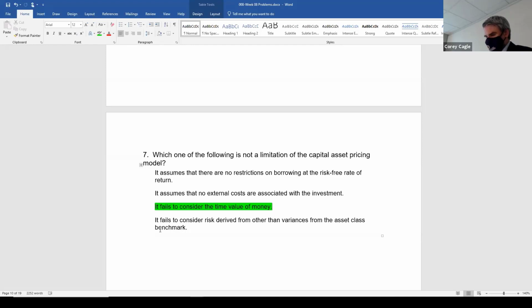So that is not a limitation. It's a weirdly worded question to me. But the key takeaway here is not necessarily what A, B, and D are saying. Those aren't, oh, I need to know this. It's really the idea that I need to understand the time value of money concept.